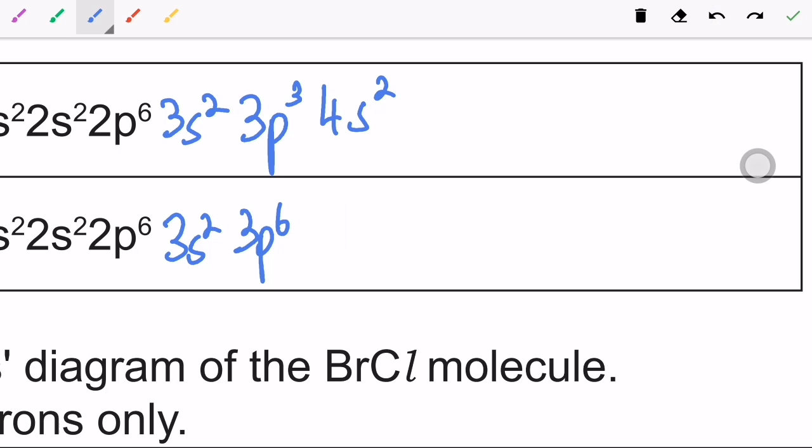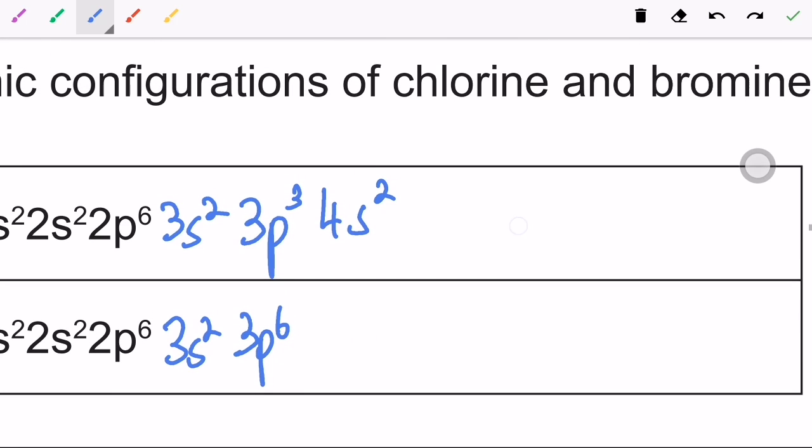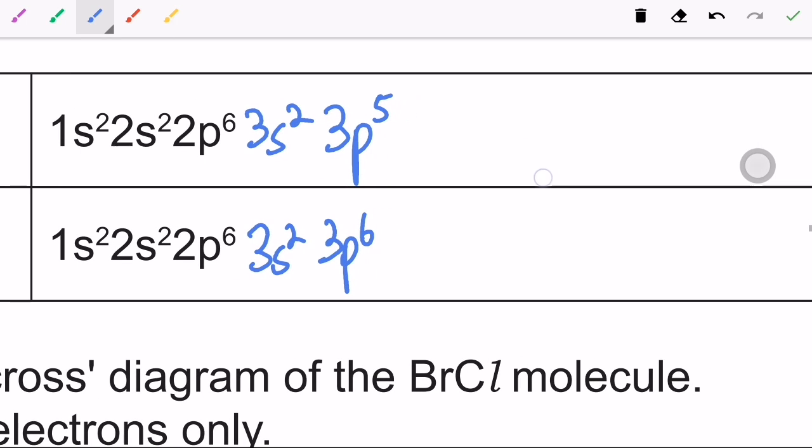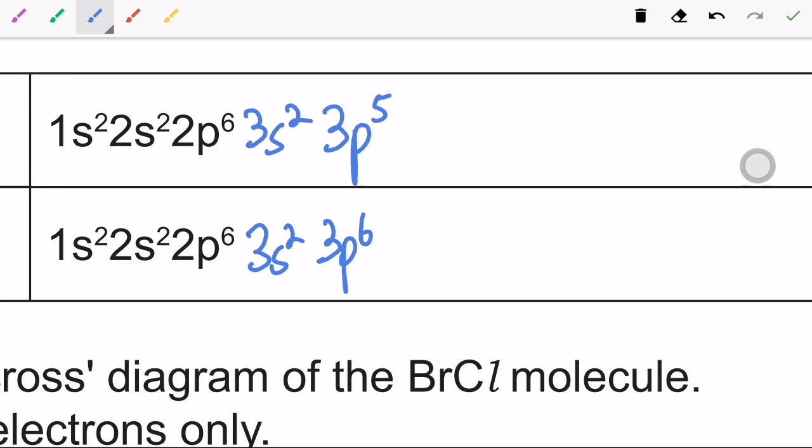Oh, and I forgot one thing. Actually, the electronic configuration doesn't look like this. There had to be a 3d orbital, which I missed out. Okay, so it's 3p6, 3p5, sorry, and it ends there, with 7 electrons in its outer shell.